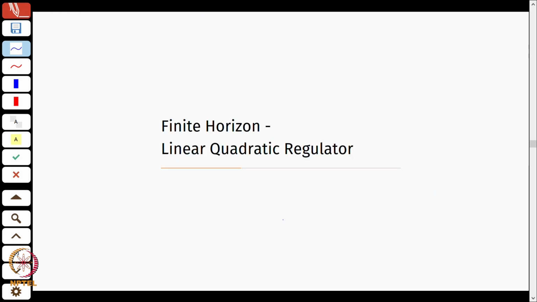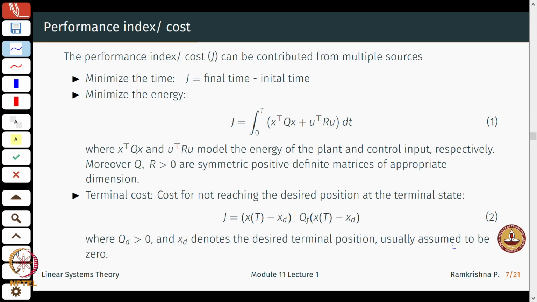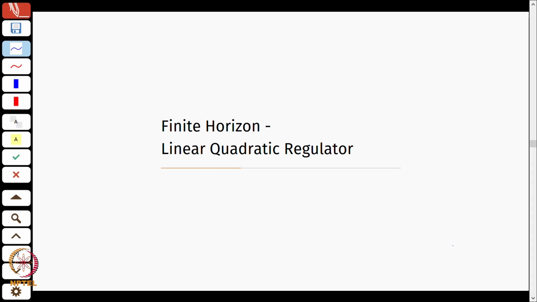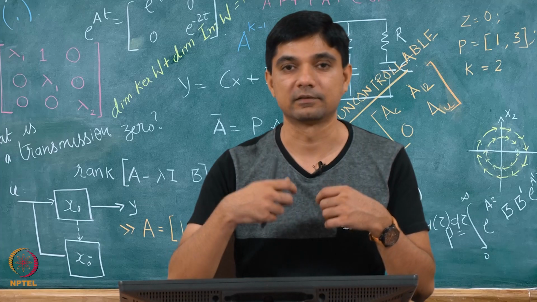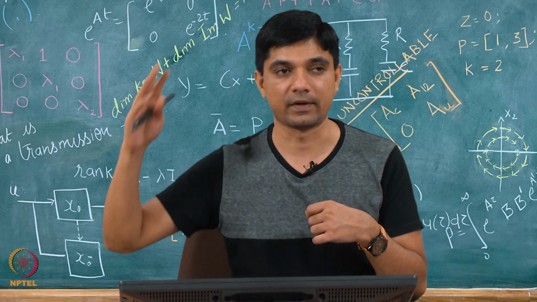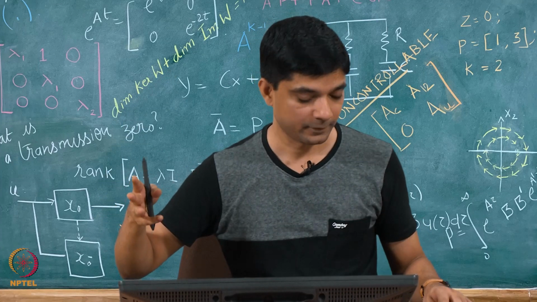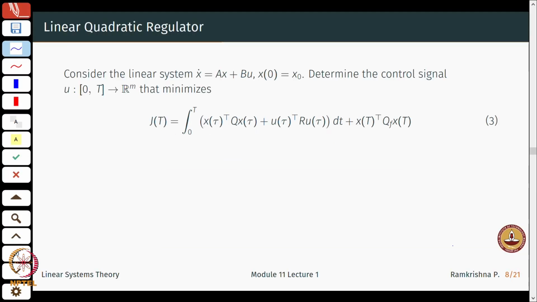Okay. So, we start with the assumption that sometimes the terminal cost is assumed to be 0. So, what we start with first is a finite horizon problem, where I want to go from a certain initial time to a certain final time that is fixed. Okay. Right. So, what is the problem here?